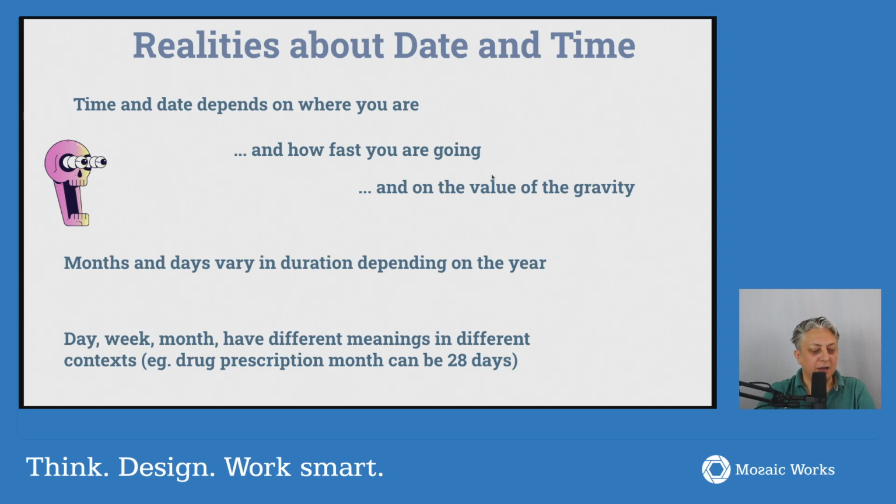And then it's easier for doctors to prescribe 1 bottle or 2 bottles and so on. So in this case, it makes a lot of sense why a drug prescription month will be 28 days. But as you can see, this is very different from the calendar month, which can be, of course, 28, 29, 30, or 31 days.